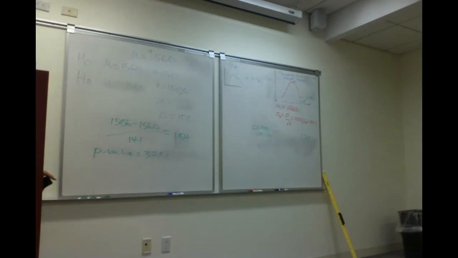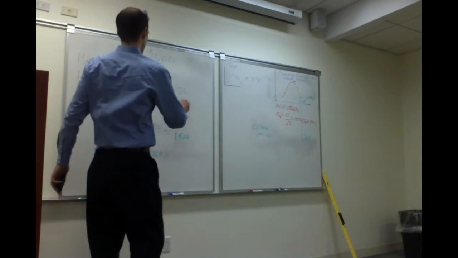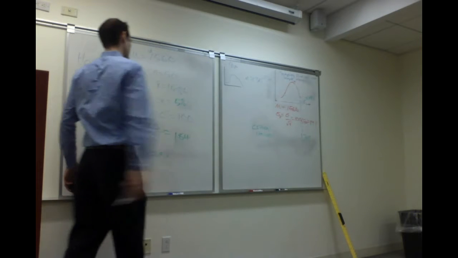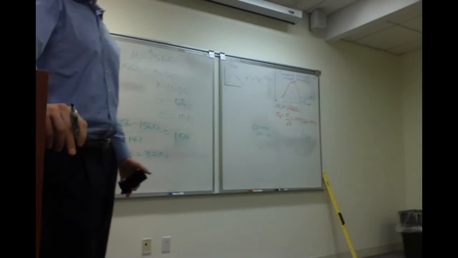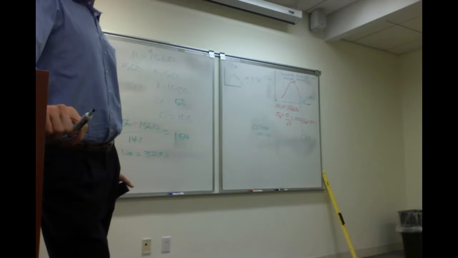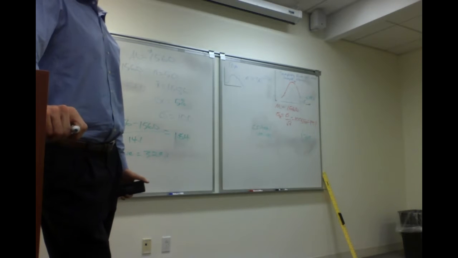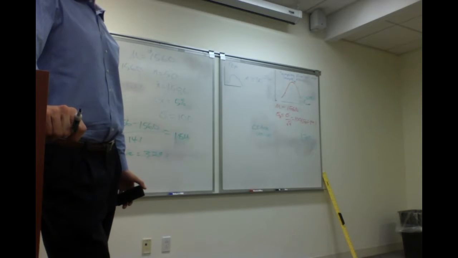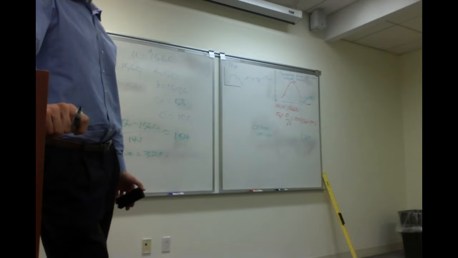I want a maximum 5% chance of making a mistake. So I want a significance level of 5%. Chances of me getting this wrong are 5%. Granted, I'm still going to have to go to sleep at night and say, well, an extreme test statistic like that happens 5% of the time. But that makes me sleep easier than having to say, well, that happens 10% of the time.